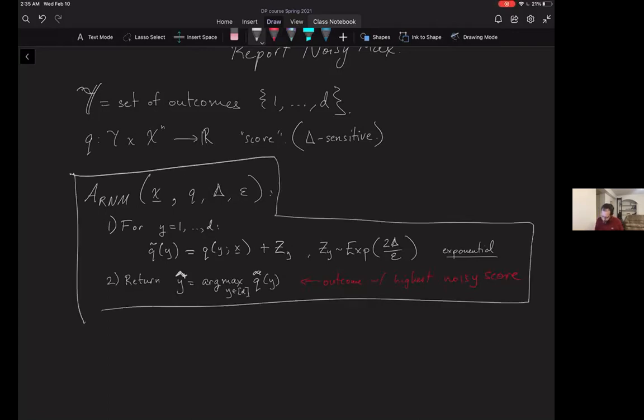Now the exponential distribution, rather. This is just a reminder: it's a distribution on non-negative reals, from 0 to infinity, and it has a density function with scale lambda that looks like this.